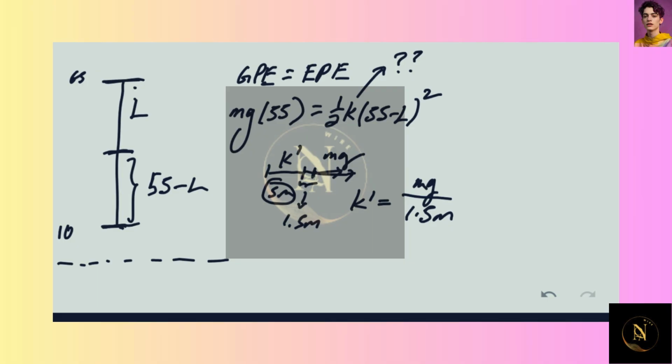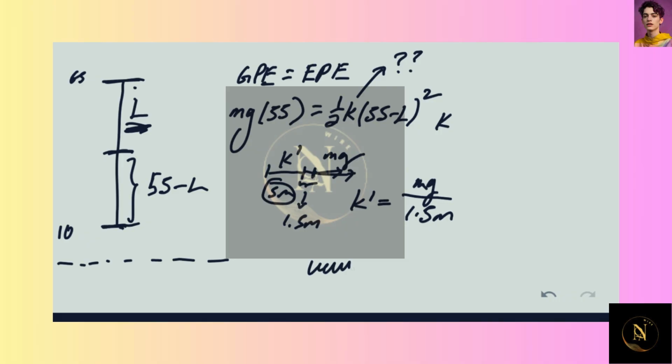Now when we're looking at a full length cord of L, the spring constant is slightly different. The k over here would be like adding multiple 5 meter cords together in series.